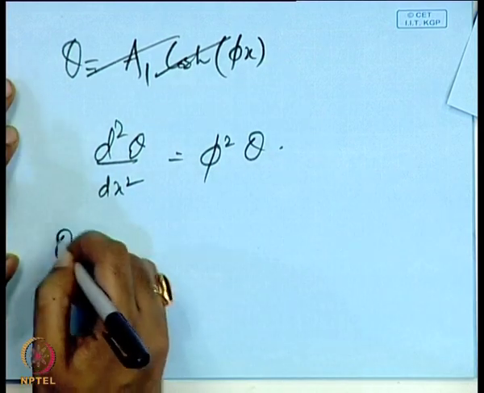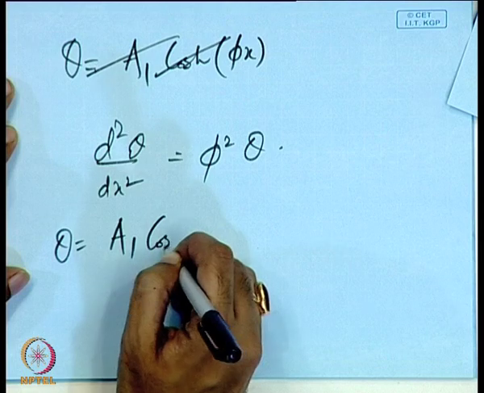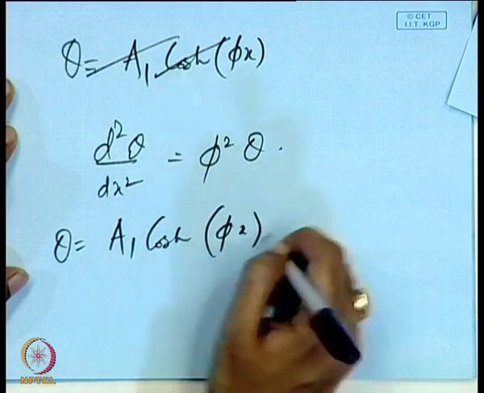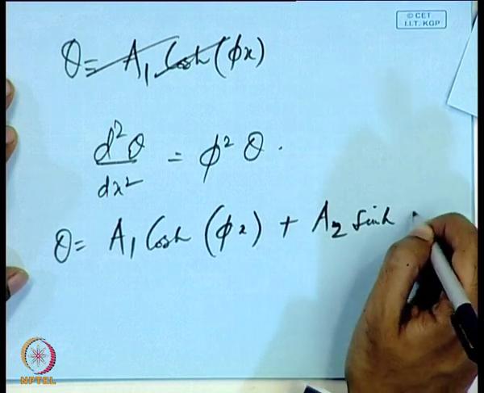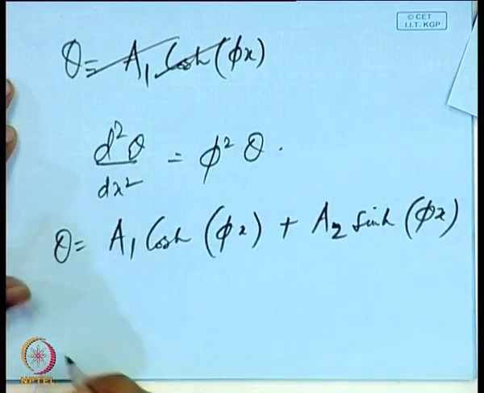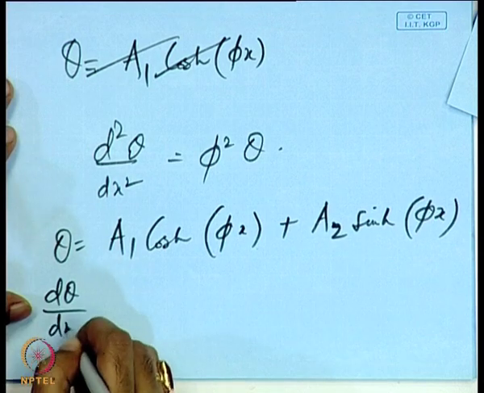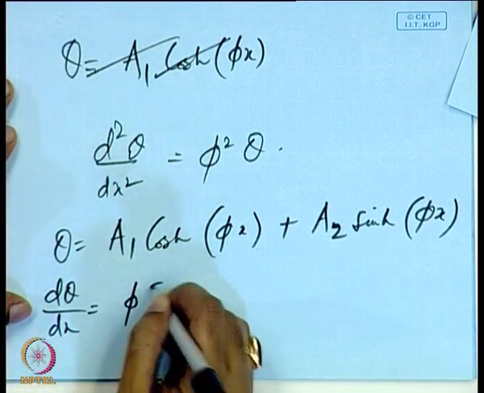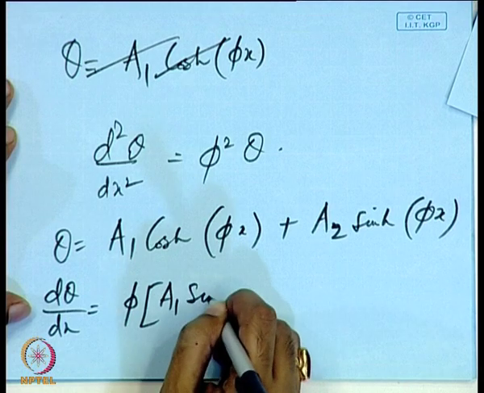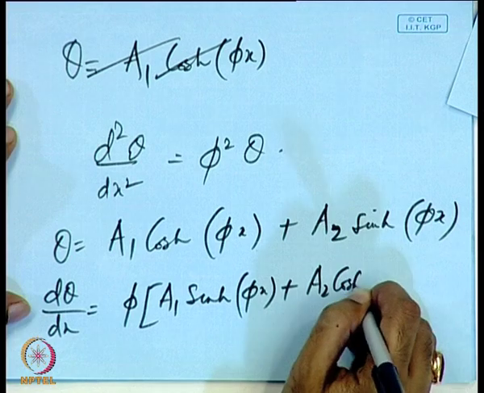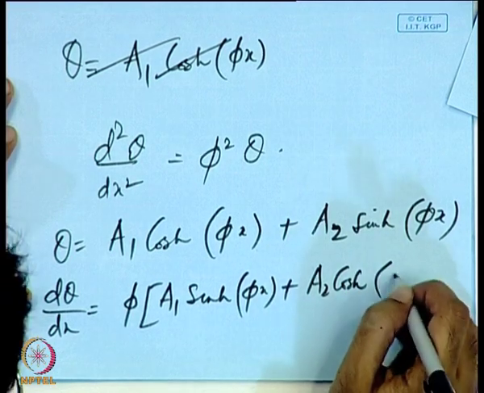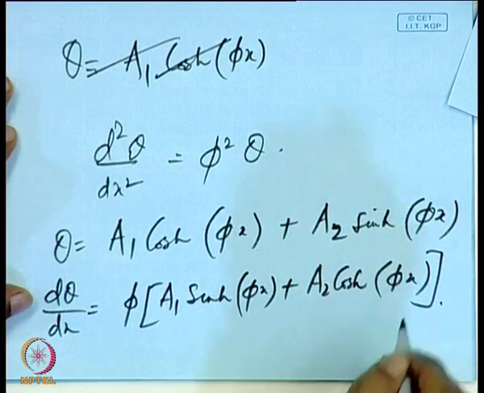So the solution is theta equals a1 cosine hyperbolic phi x plus a2 sine hyperbolic phi x. So del theta del x equals phi times a1 sine hyperbolic phi x plus a2 cosine hyperbolic phi x. Clear?